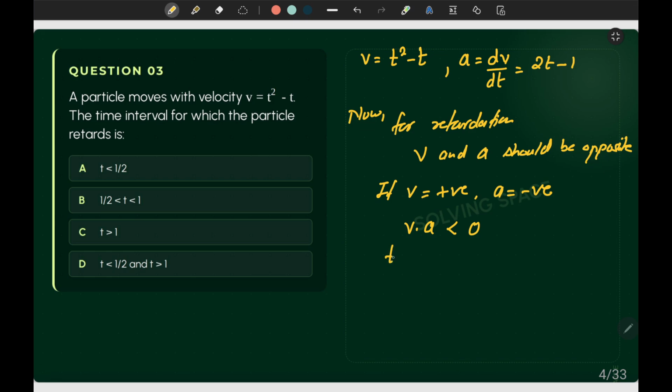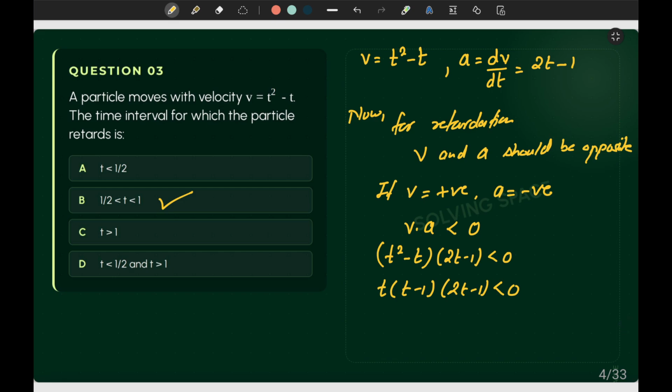Putting the values from above, t square minus t and 2t minus 1 less than 0. Taking t common, t into t minus 1 into 2t minus 1 less than 0. So we will check the interval. This inequality is satisfied only in the interval B. Hence the correct option is B.